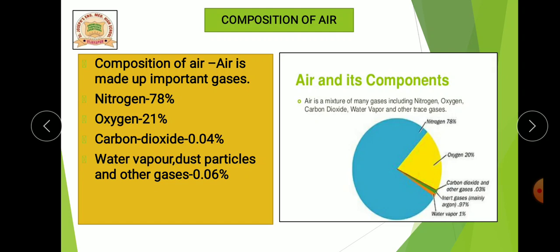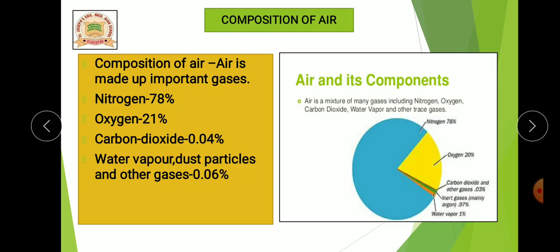Air contains about nitrogen 78%, oxygen 21%, carbon dioxide 0.04%, and water vapor, dust particles, and other gases 0.06%. You can see in the image the components of air.